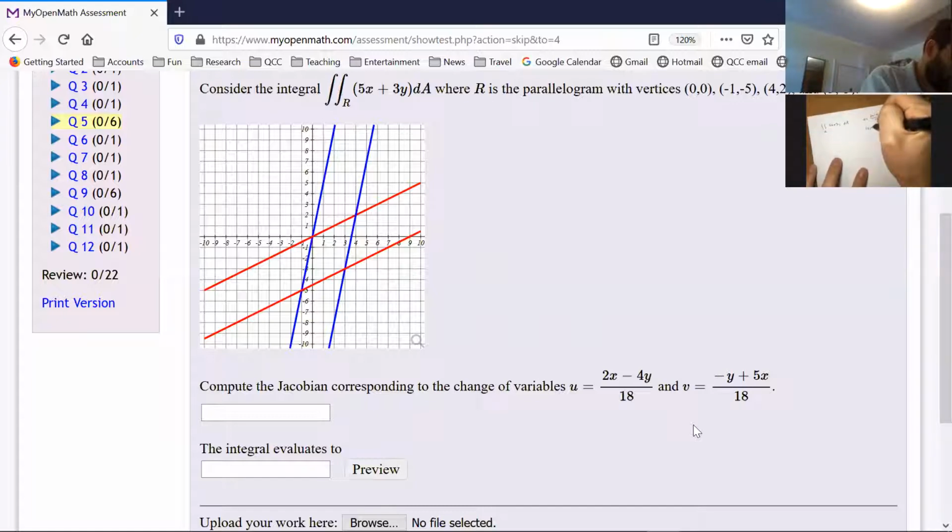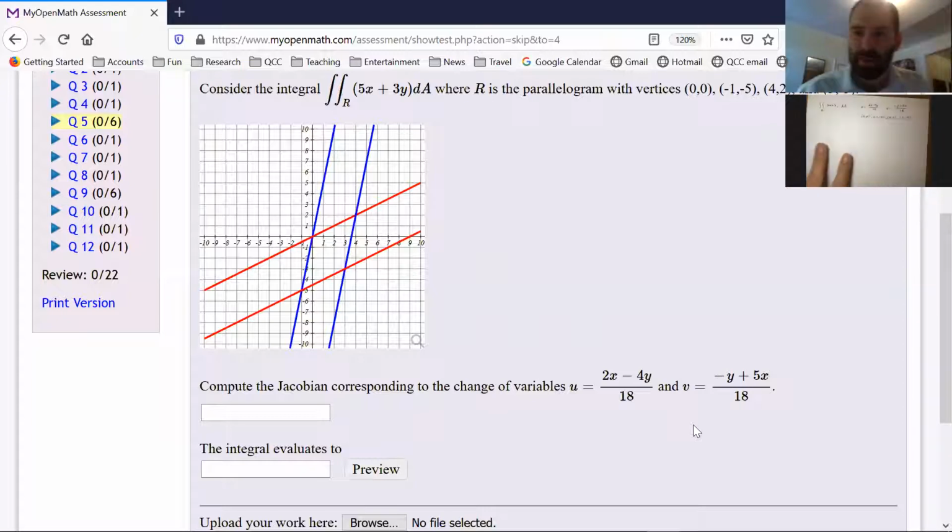The vertices were those, they might come in handy. Okay, so let's go down to the paper.